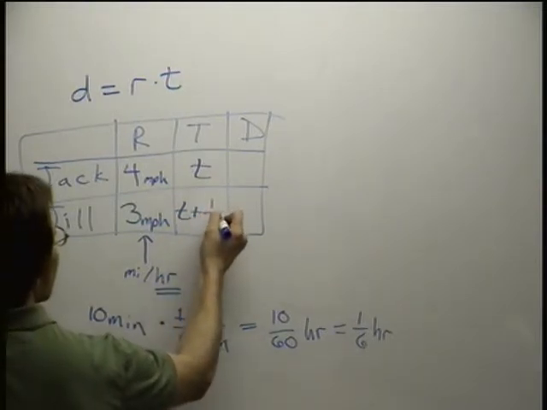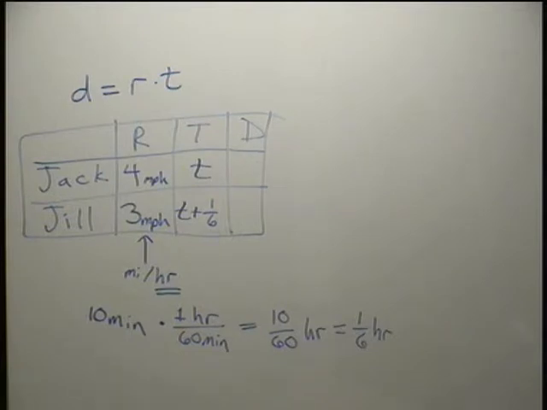So Jill's time is 1/6 of an hour more than Jack's time.